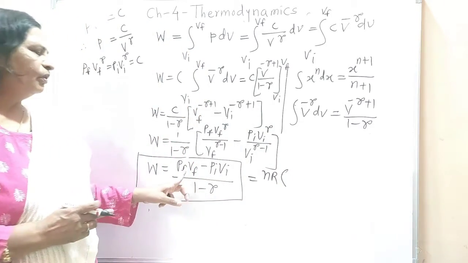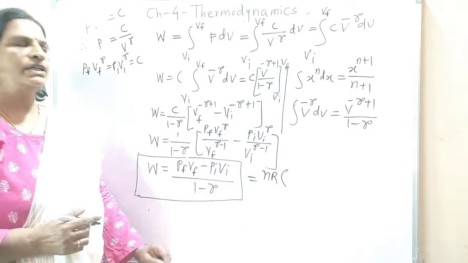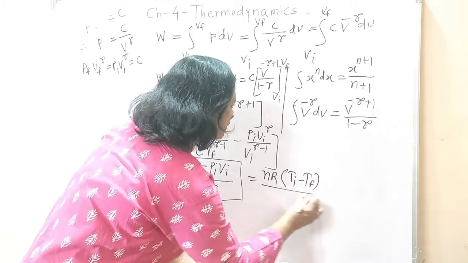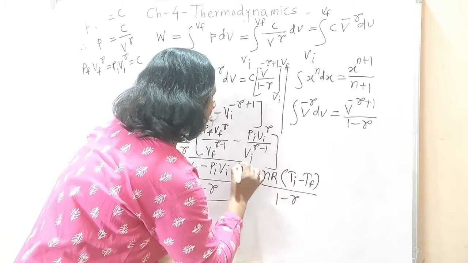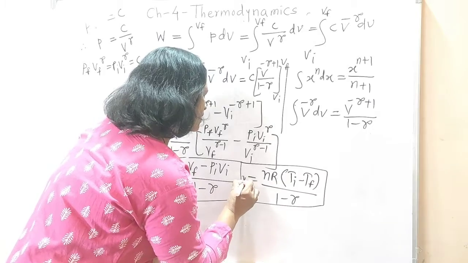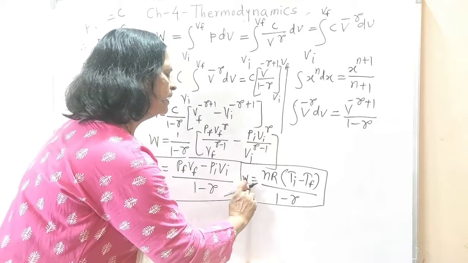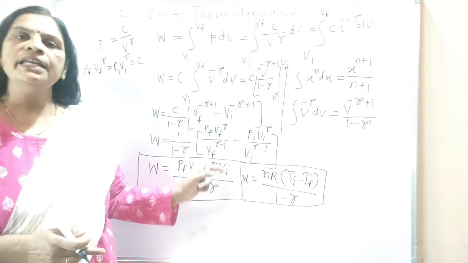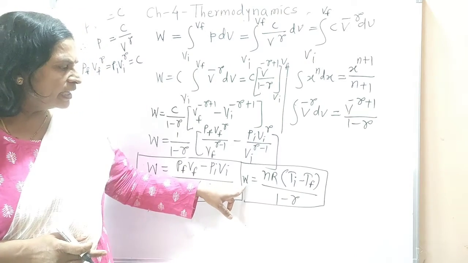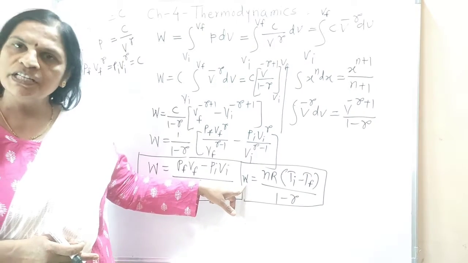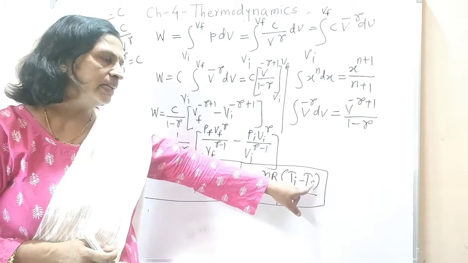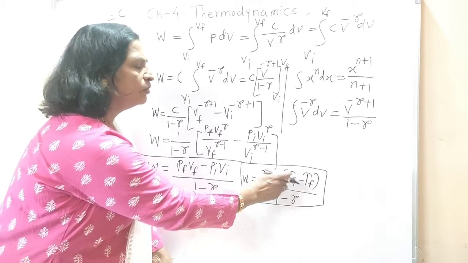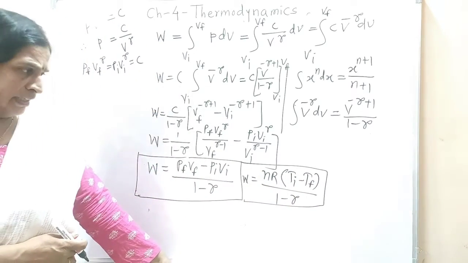Inside the bracket we have to write Tf minus Ti, but we write here Ti minus Tf divided by 1 minus gamma, because we consider the case of adiabatic expansion, and for adiabatic expansion work done is positive and Ti should be greater than Tf. Therefore instead of Tf minus Ti, here we have to write Ti minus Tf.